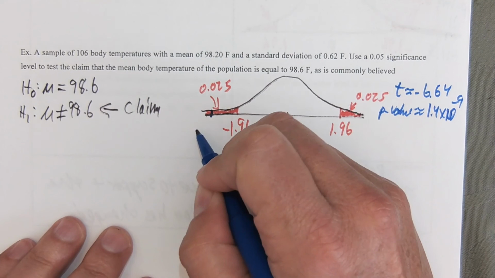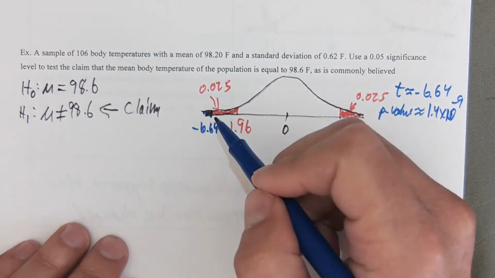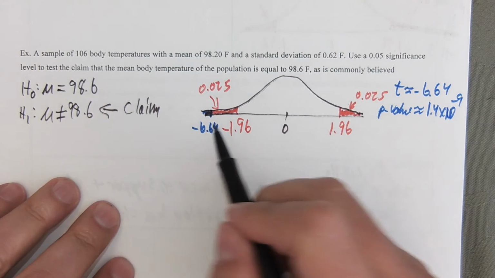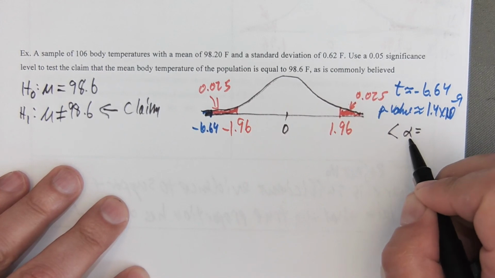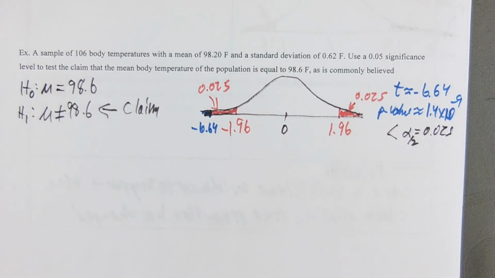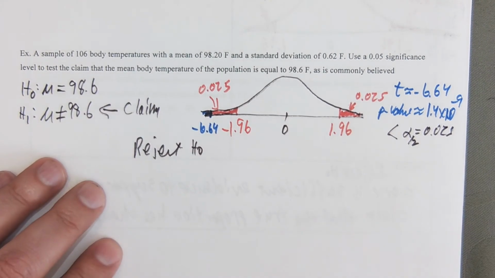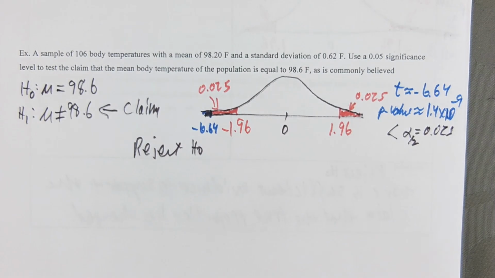So that means negative 6.64, and basically the area here is 0. So our conclusion is the p-value is definitely less than our alpha, which is actually alpha over 2. We can use 0.025 to compare directly. It doesn't matter. It's so far beyond it. This one's definitely reject the null hypothesis, meaning the average body temperature is definitely not 98.6 degrees Fahrenheit like most of us grew up learning.